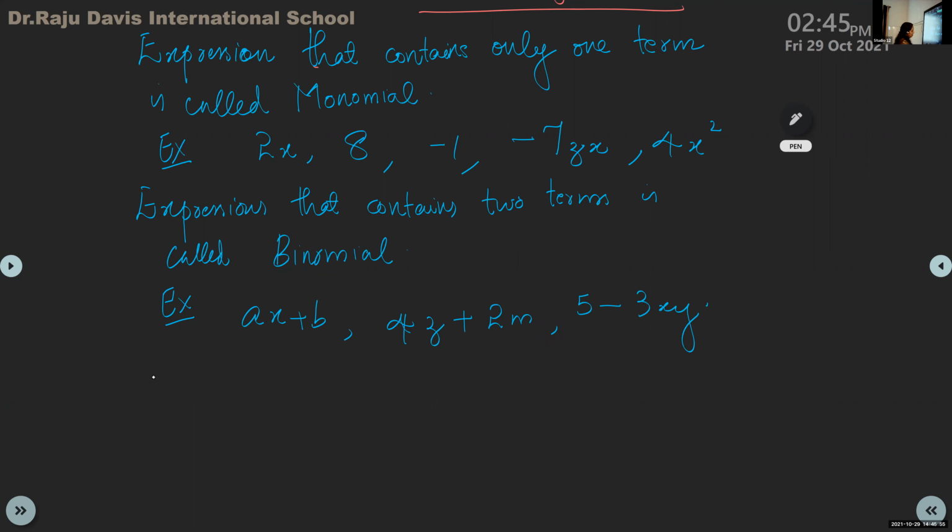Next, an expression that contains 3 terms is called a trinomial.